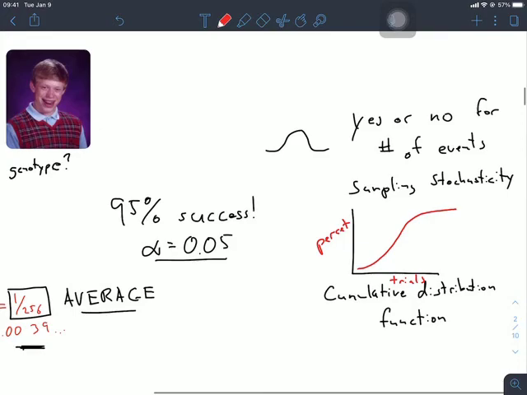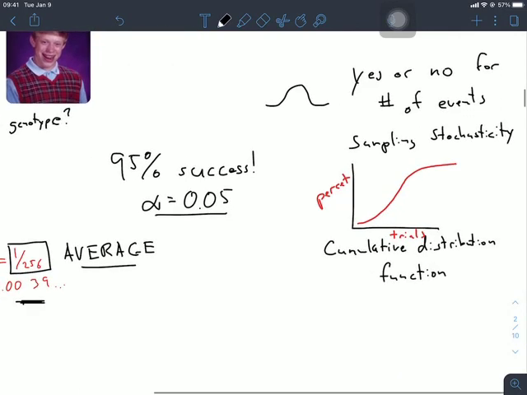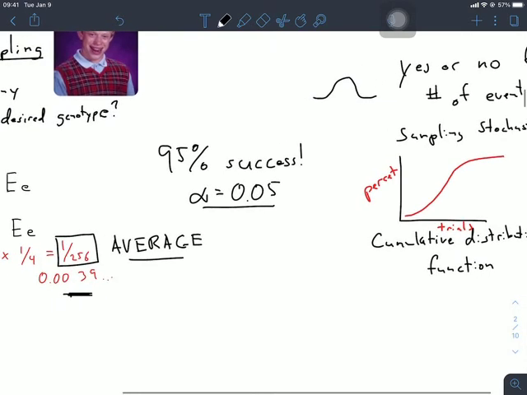In cases where your likelihood of success is something low like 1 in 256, this might be a little bit more of a drawn out curve, but eventually, if you have a million children, you're going to get some that have this all lowercase genotype.